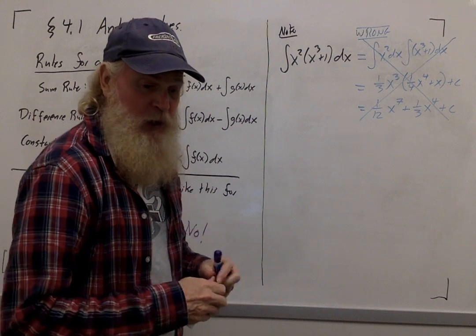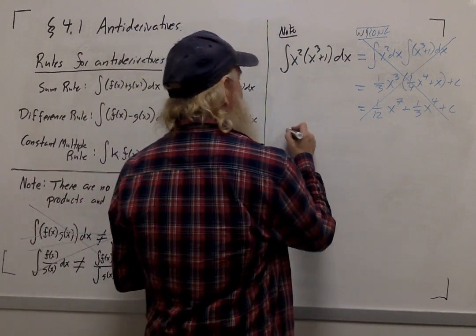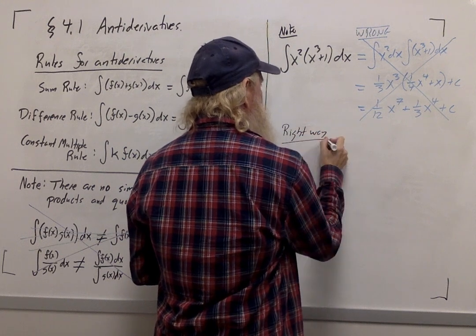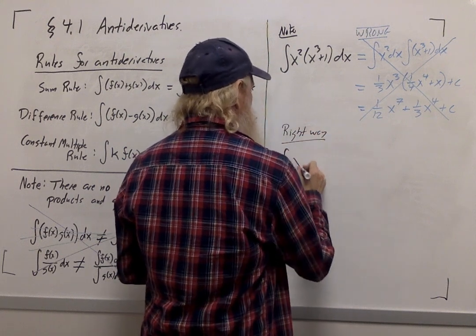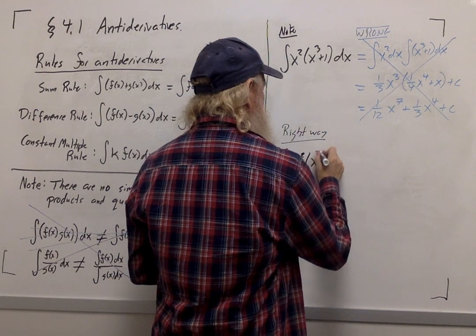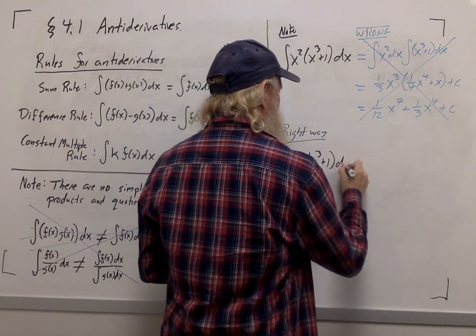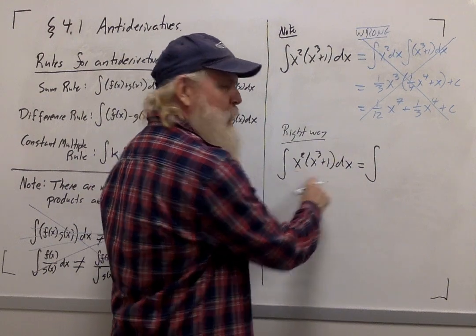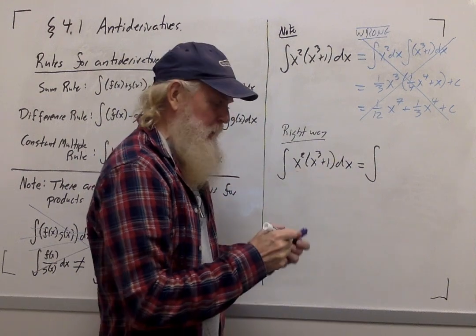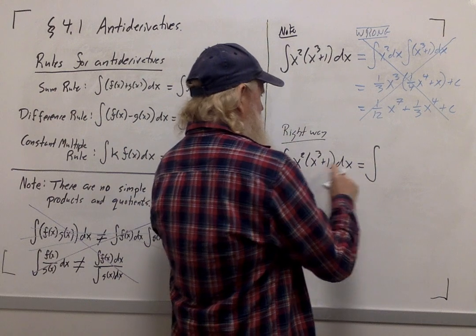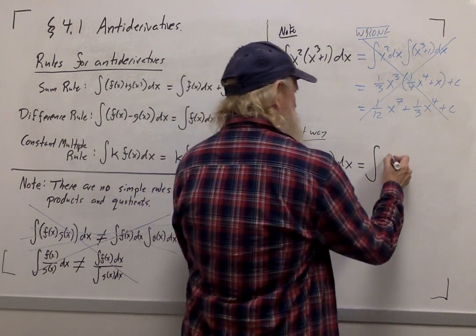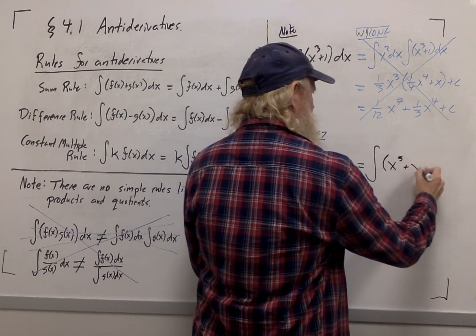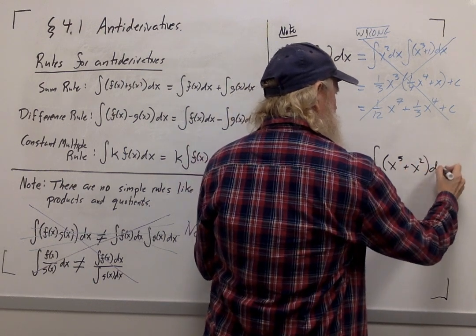So now let me show you the right way of doing this. The trick is to simplify what's inside by distributing. If I multiply x squared times x cubed plus 1, I get x to the 5th plus x squared.